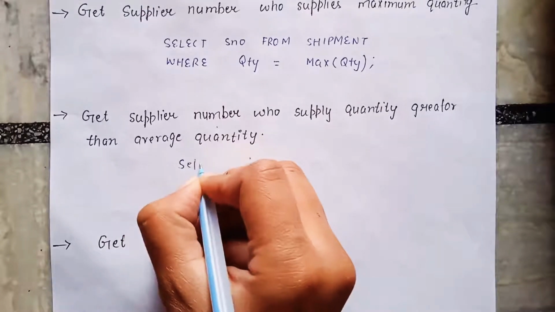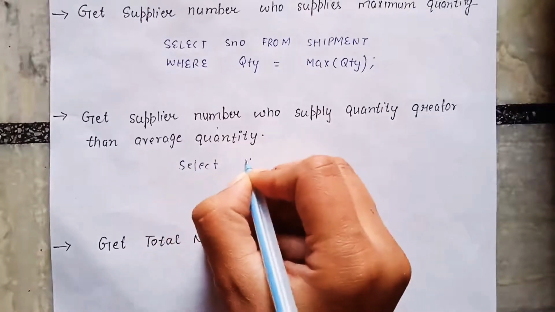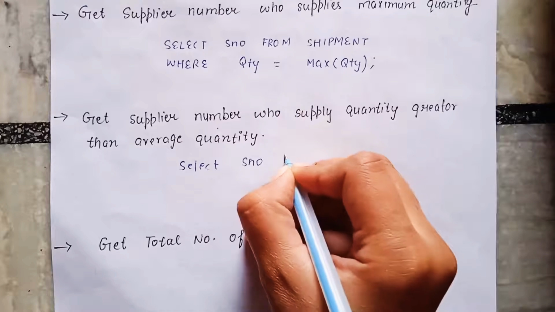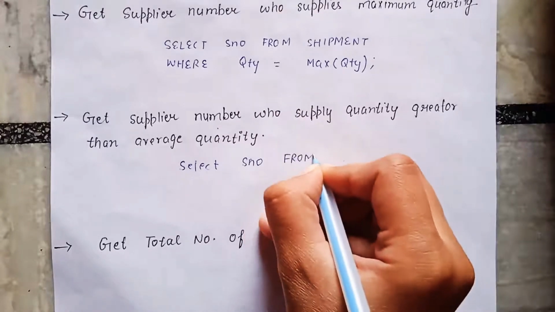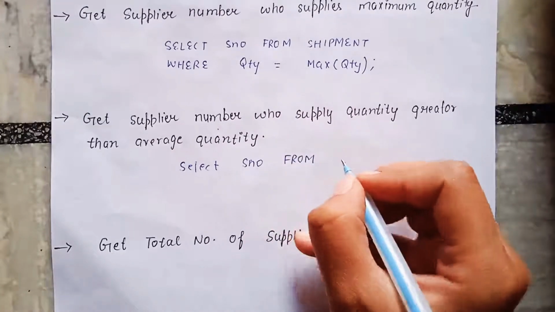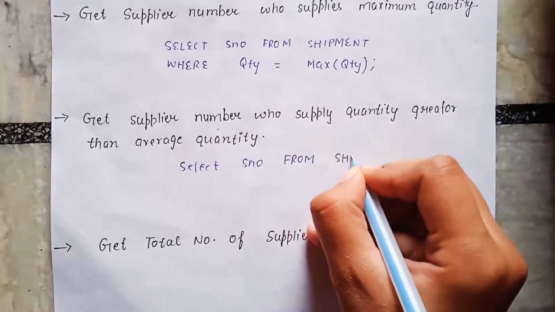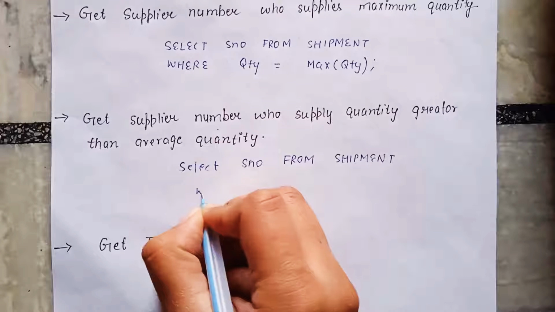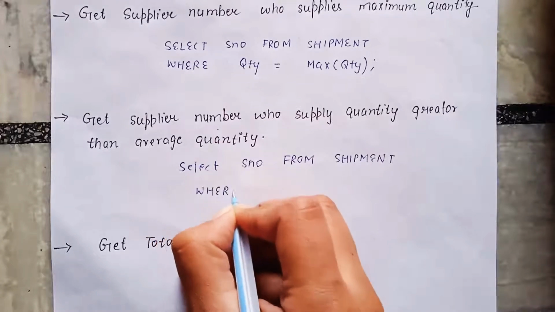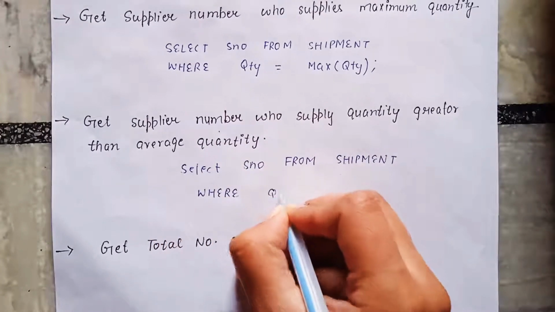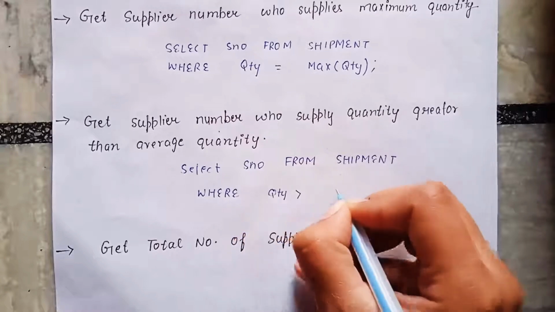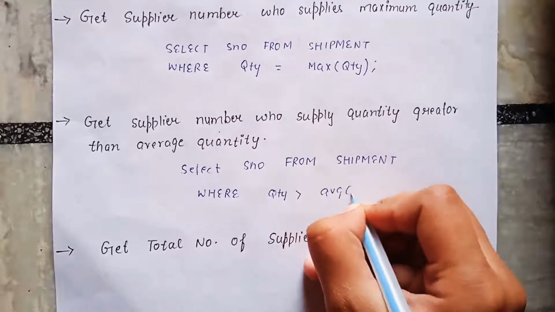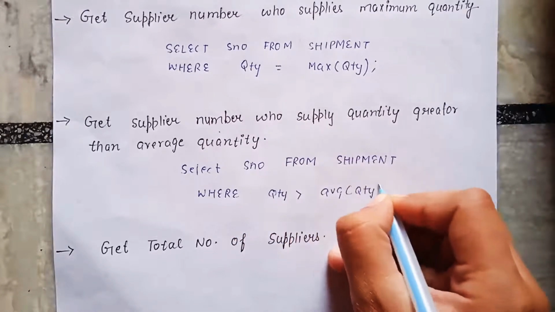It will be select S number from the shipment table, where quantity is greater than the average of the quantity.